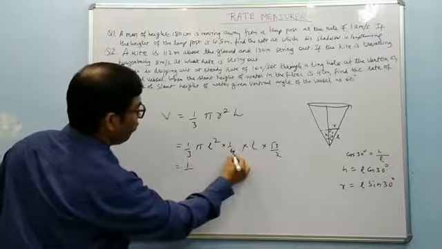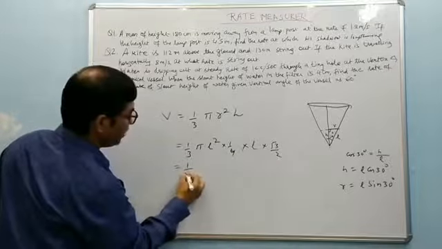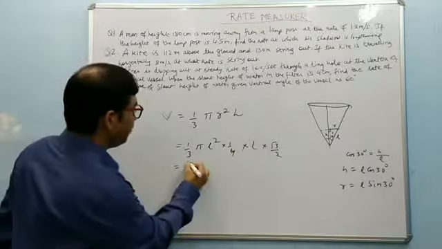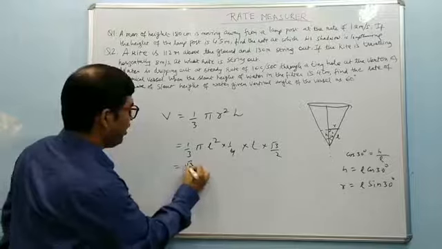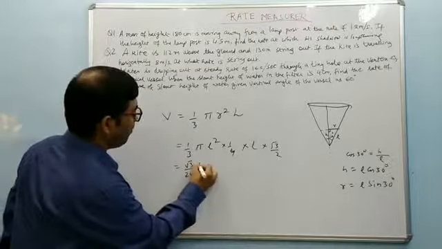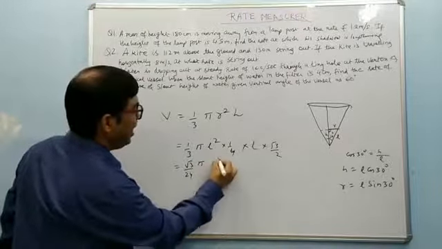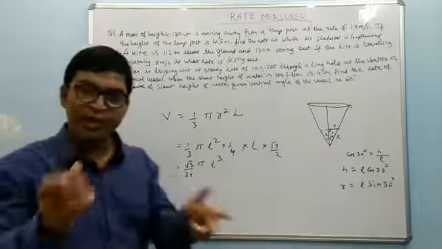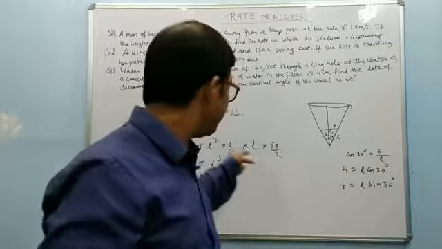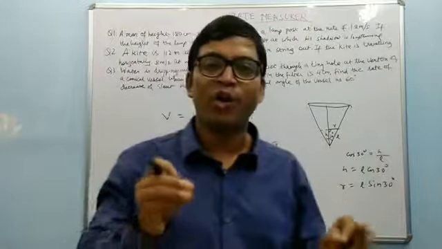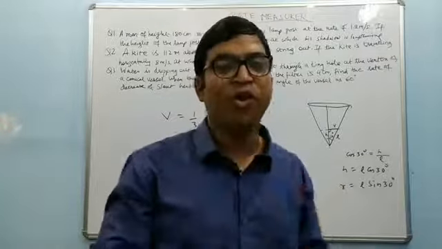So 3 times 4 is 12, times 2 is 24, and here root 3 pi L cubed. So this is the very simplified version. We got the volume in terms of the slant height only.